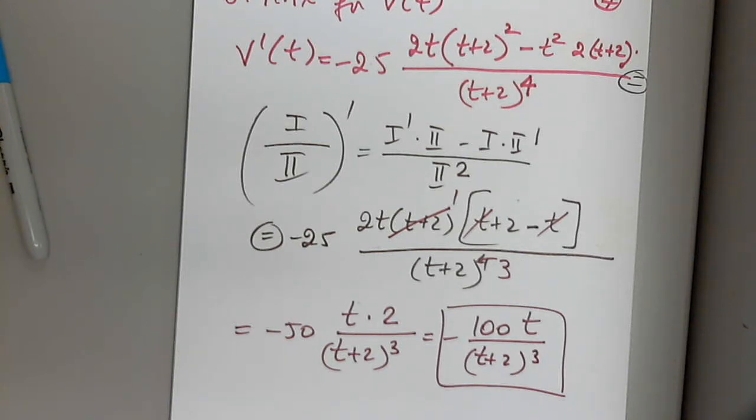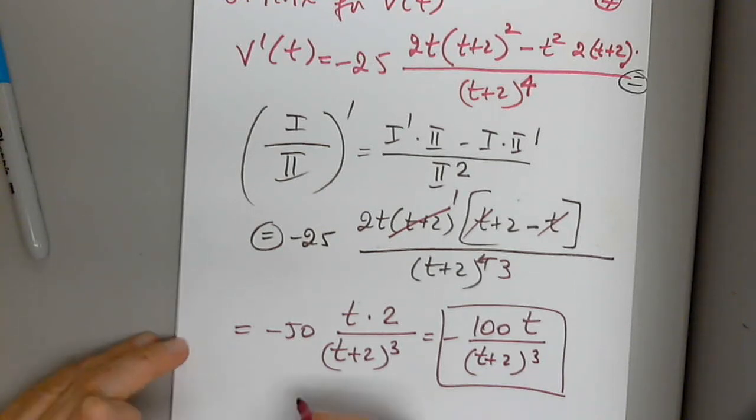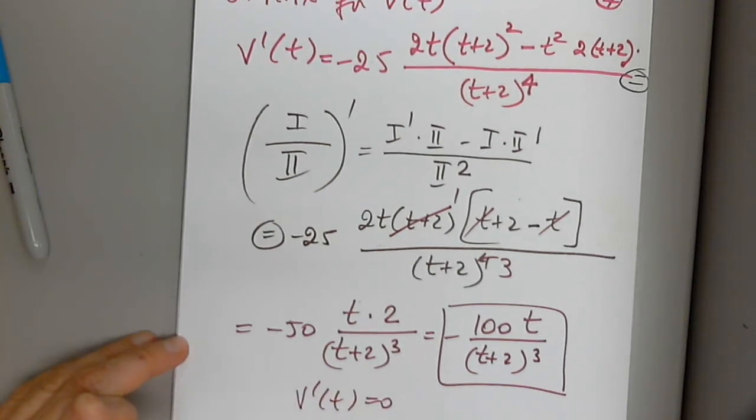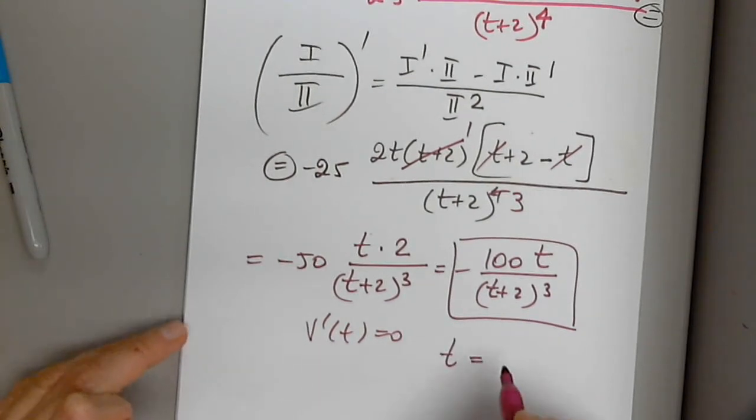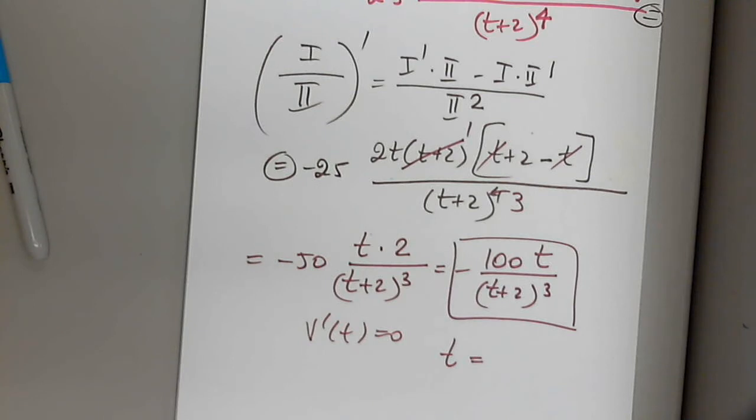And we cannot go back 2 months. We wish. Okay, so the only option I have here is to say v prime of t equals 0. And the only answer is for the top to be 0. Not negative 1 and not 100, but t equals 0.